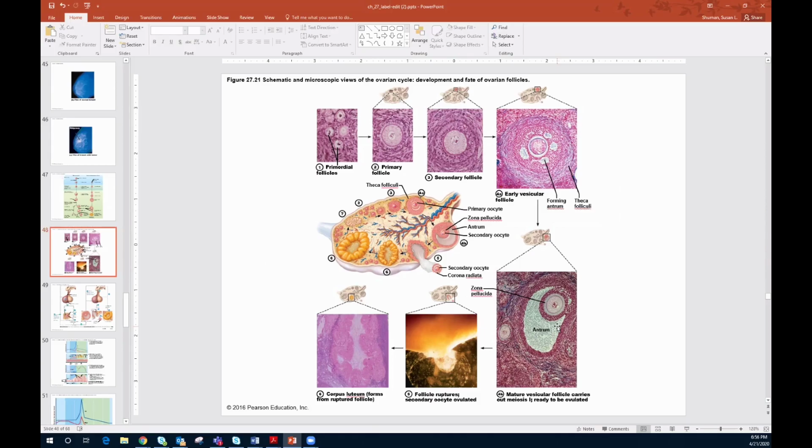Excuse me, how are they usually collected for the implantation? Well, what they do is they give them hormones so that a bunch of these primordial follicles will get stimulated. So you get a bunch that go through the primary, secondary, tertiary, mature.